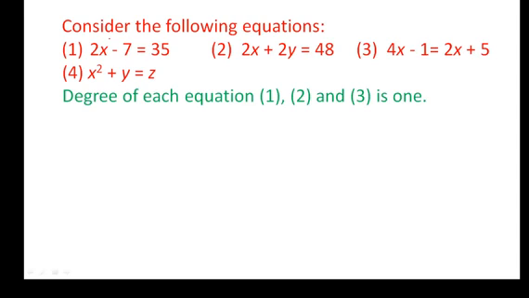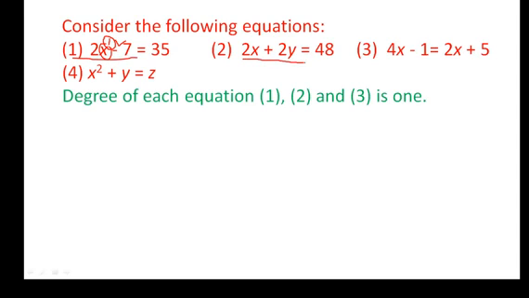Here nothing is there upside, so it is 1. So it is 2x to the power of 1. That's why this 1 is said to be the exponent and x is said to be the base. So here 1 is said to be the degree of the equation. So this equation's degree is 1.